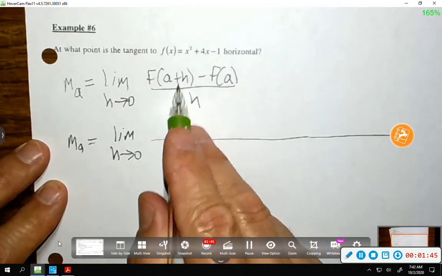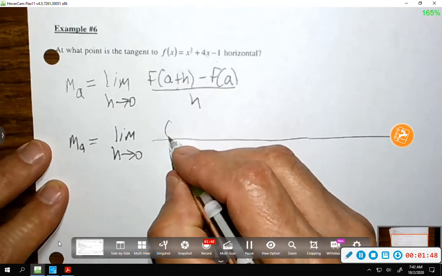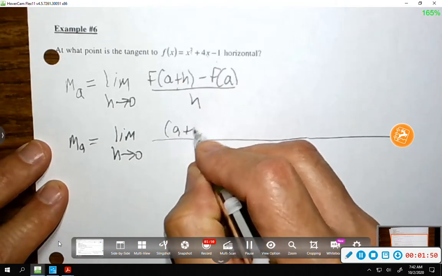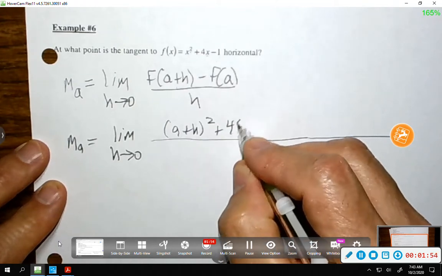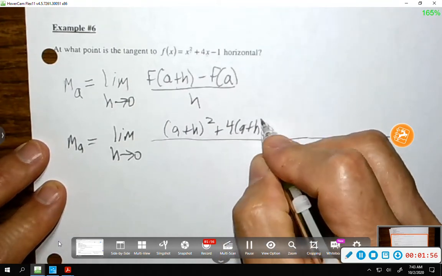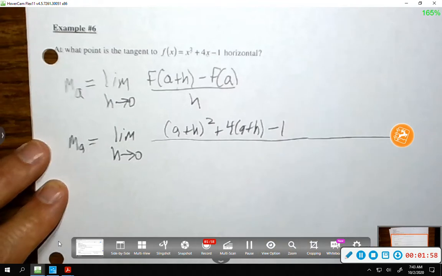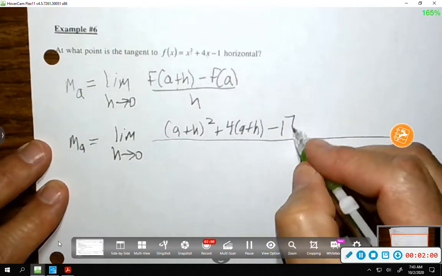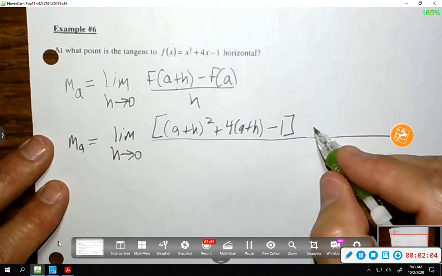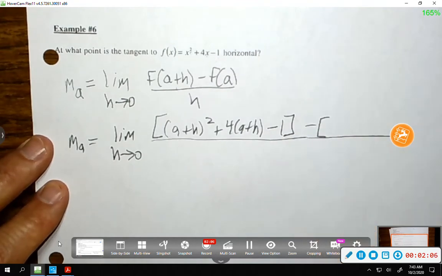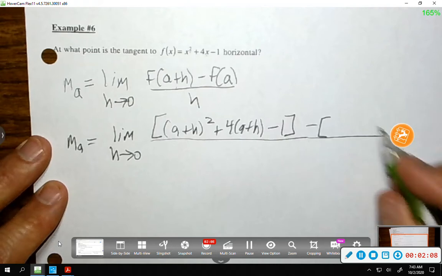A plus h goes in here and here, so it's a plus h quantity squared plus 4 times a plus h minus 1. I like to bracket the a plus h part, especially as it gets more complex, and then bracket the f of a part, which is much easier.